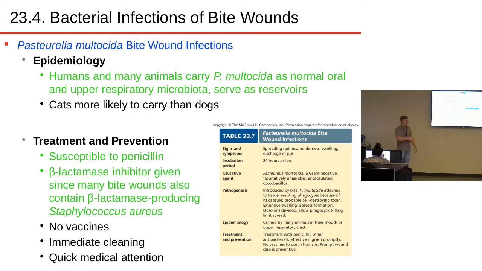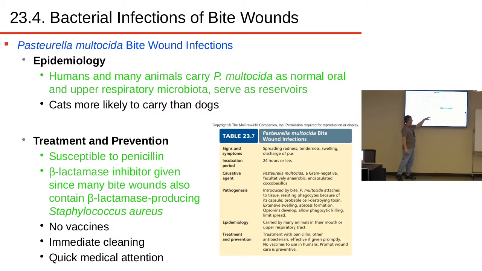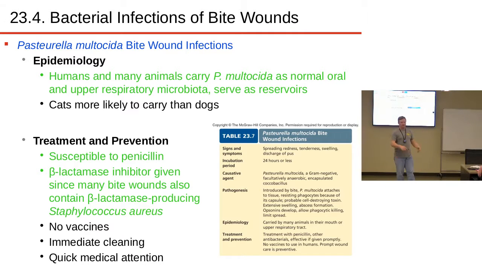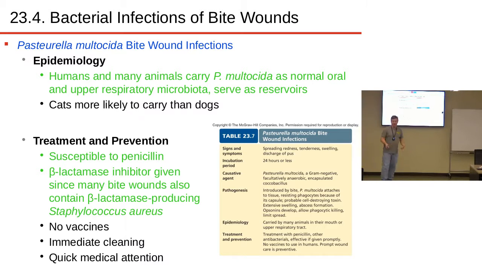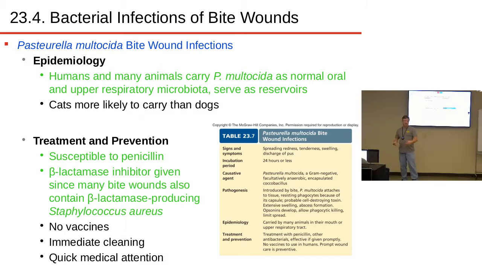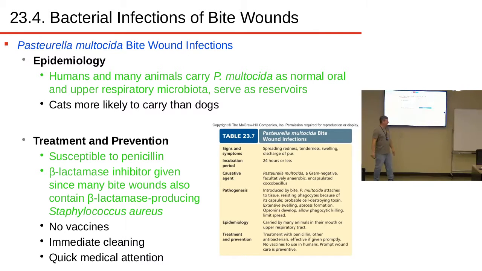But some cases actually do have beta-lactamase producing Staph aureus. So again, this would be a synergistic infection. The Staph aureus is producing the beta-lactamase that's knocking out the drug, and then protecting the Pasteurella at the same time. It's not necessarily Pasteurella protecting itself; it's the Staph aureus that's in there with it.